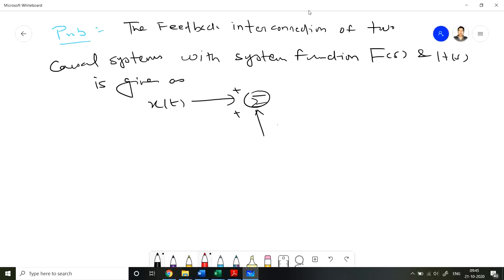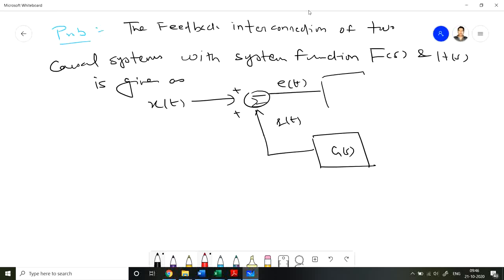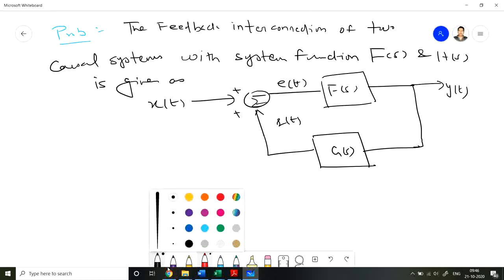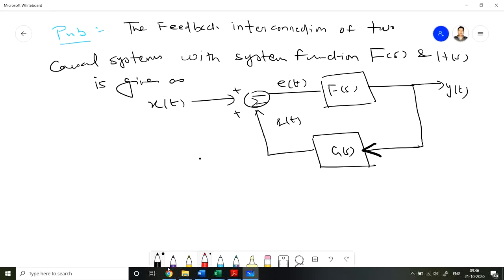Then we have r(t), G(s), then e(t), and F(s), and this is our y(t). Now a part of y(t) is fed back to G(s).